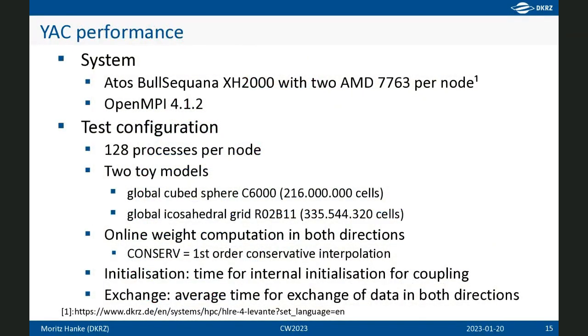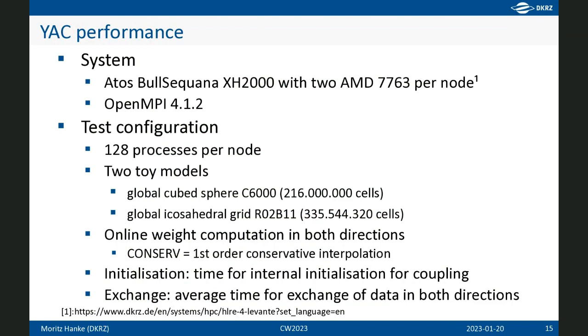Regarding performance, recently at DKRZ we got a new system from Atos called Levante that is quite similar to the one at ECMWF, and I was asked to present some performance results for the high resolution. No, that is not for the ICON, that is just high resolution stuff.